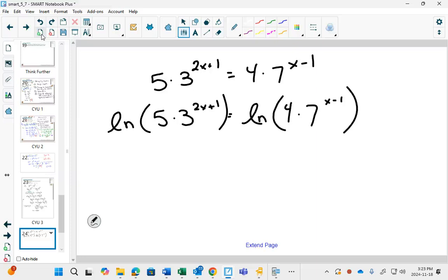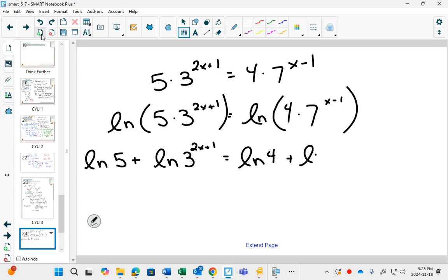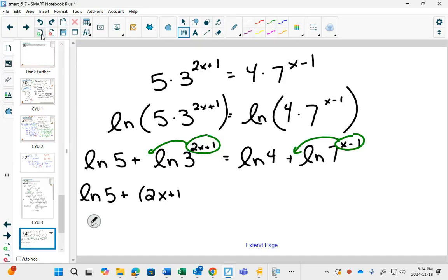And because the exponent is just on the 3, I would first have to do an adding log. And then I could bring out exponents. Once the exponent is on the whole thing, that is when you're allowed to bring it out in front. And because it's a binomial, we'll have to put it in brackets.